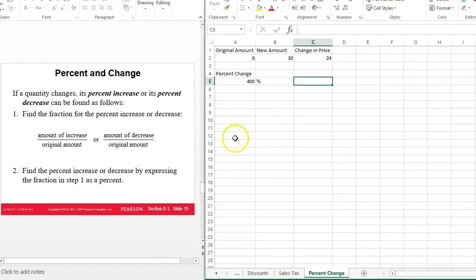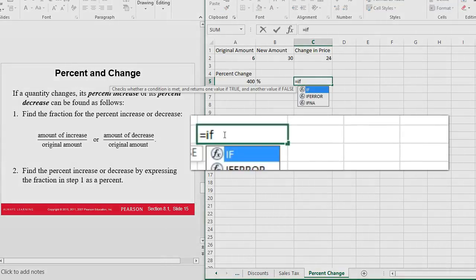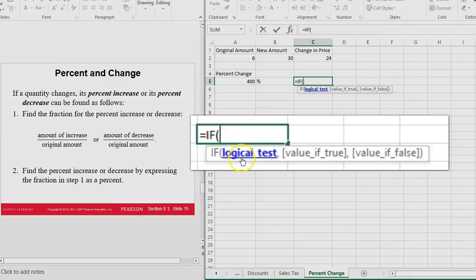Alright, now, this is something that's different. This is something you'll have to pay really close attention to. Is it an increase or a decrease? Well, you can see it increased. But over here to the side, you can do something called an if command. So you can click equals and type the word if, and notice it gives you a choice. So I'm going to click if. Alright, logical test.